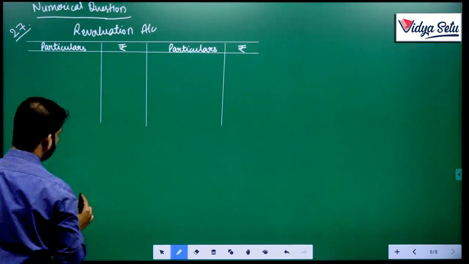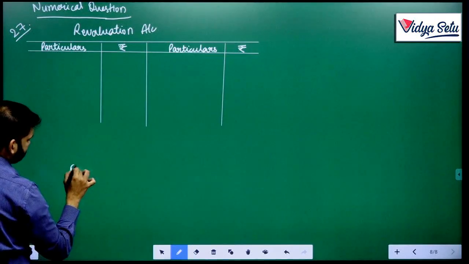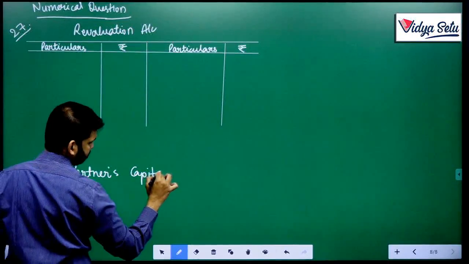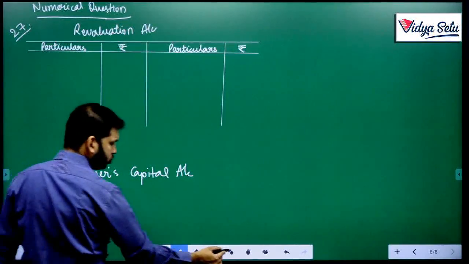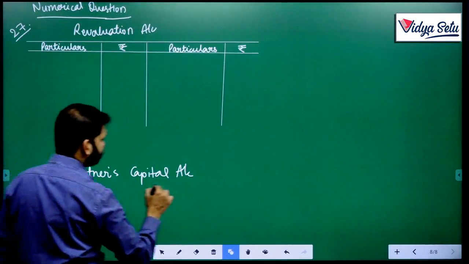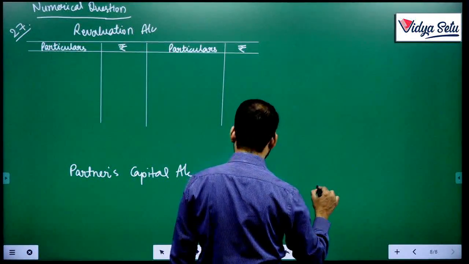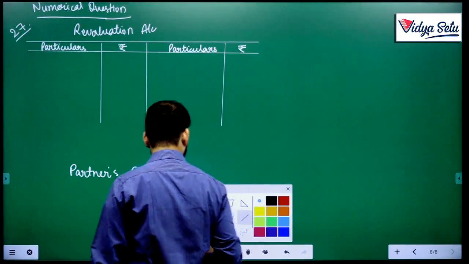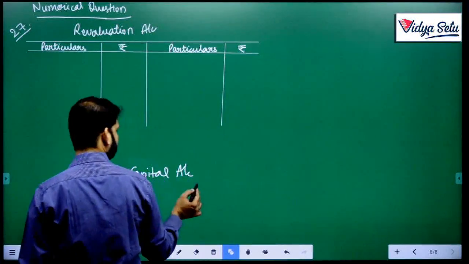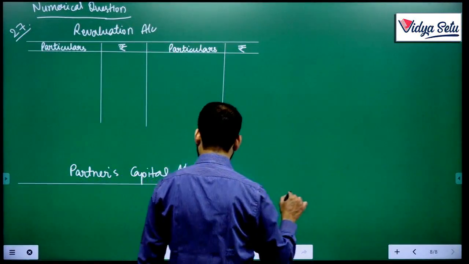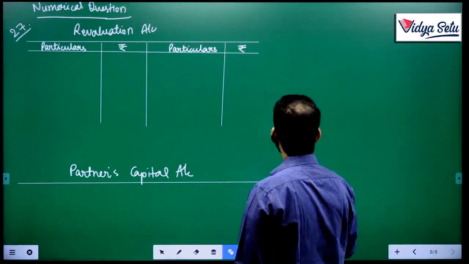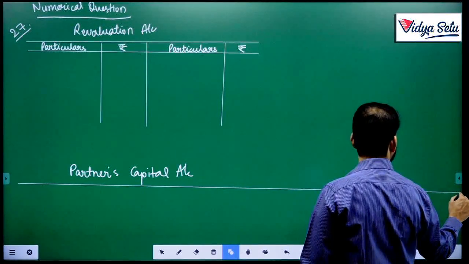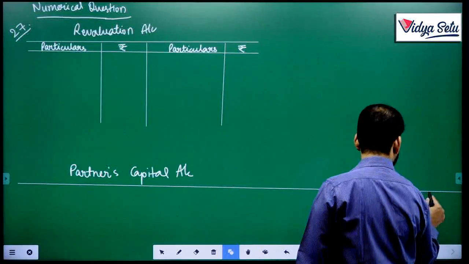Okay, then we need a partner's capital account. I hope this is visible to you all, because I would want to show everything on one page so that it becomes easy for us to understand. I'll be using the entire space for partners capital.